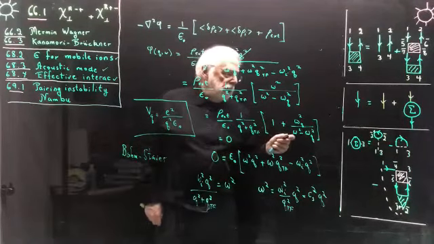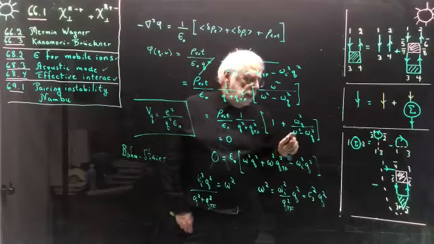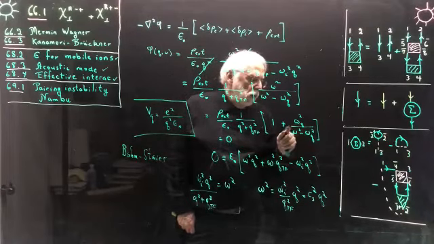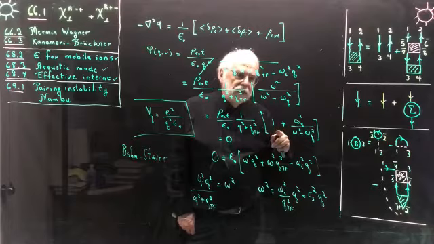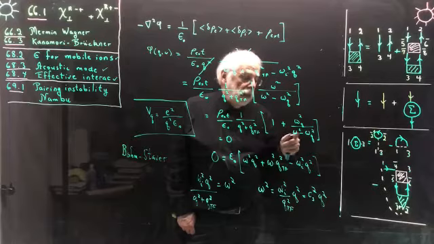Now you see what happens if the frequency is near the phonon frequency, but below it: this can become large and negative. So that's how we get attraction between electrons.